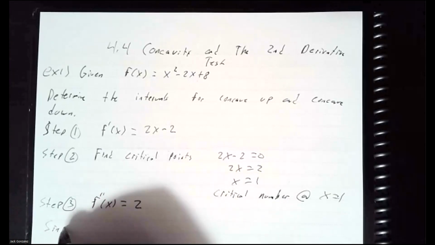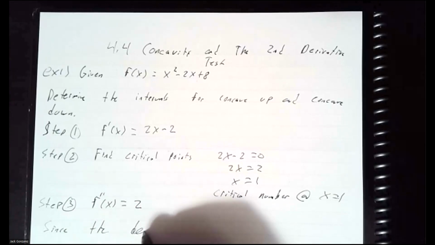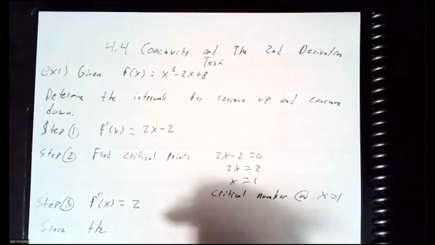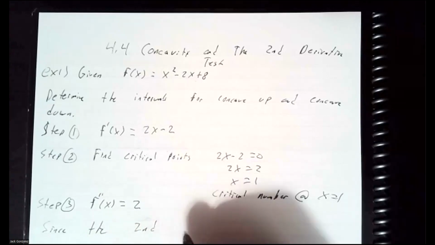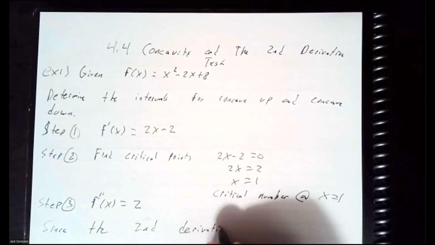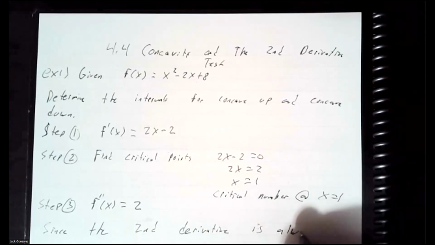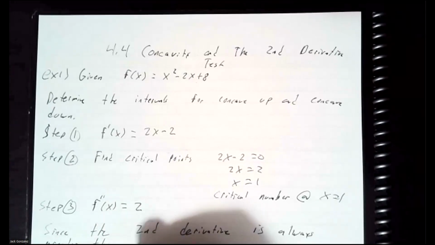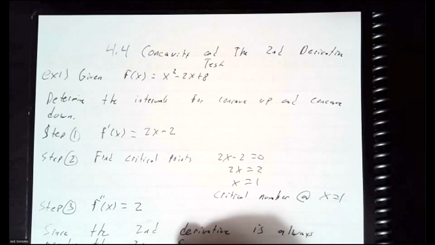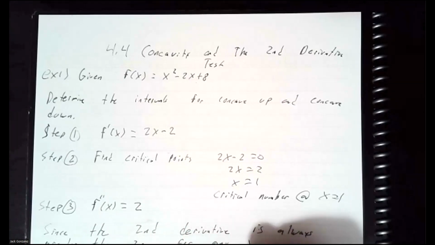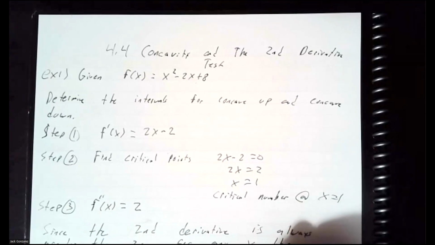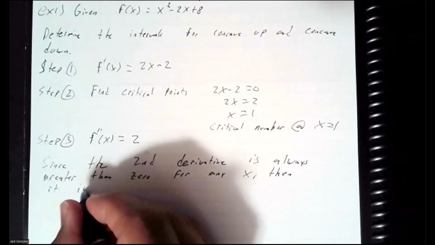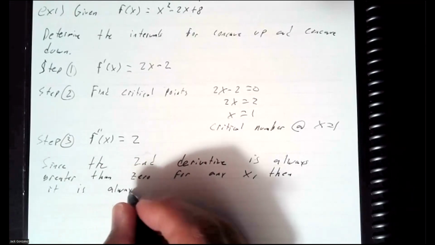So since the second derivative is always greater than 0 for any x, then it is always concave up.